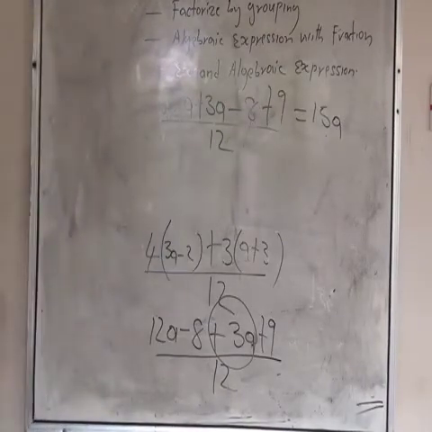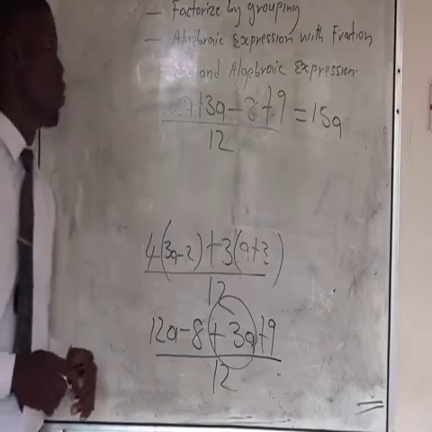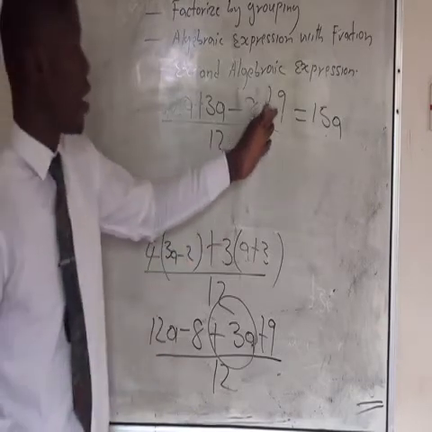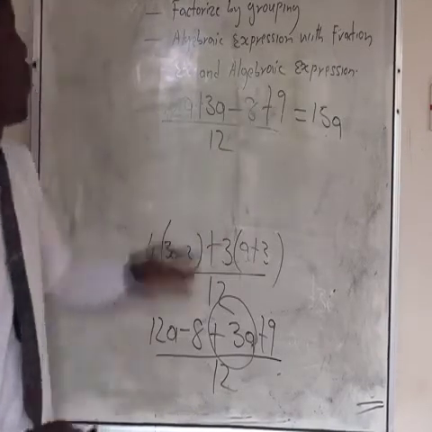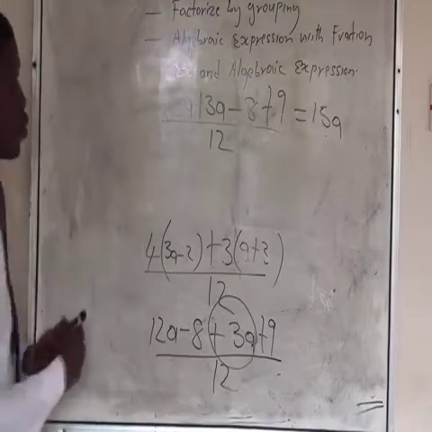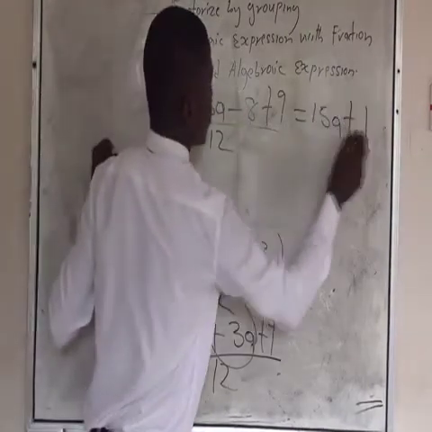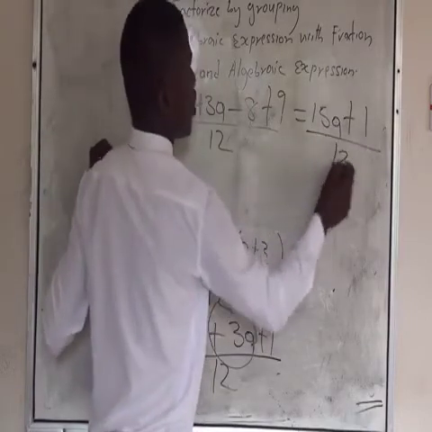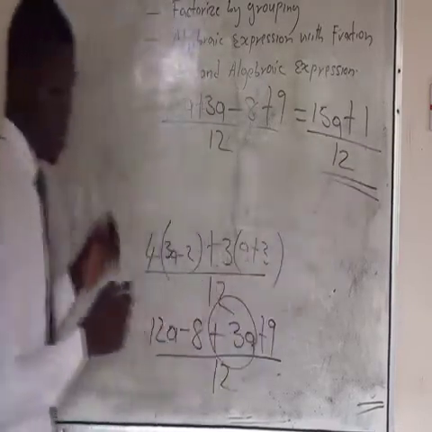Good. You owe 8 mangoes and you have 9 mangoes. When you pay that person that 8, you have only 1. So it will be plus 1 all over the denominator. This is the final answer.